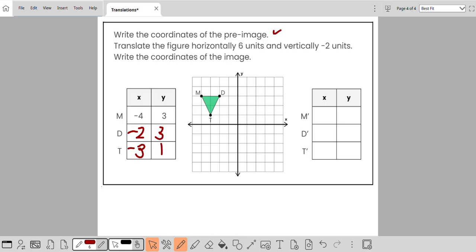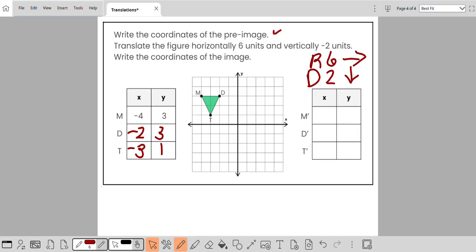Now let's read what they want us to do. It says translate the figure horizontally. So that means either left or right. But it's positive, so that means we are going right 6, and I'm going to go ahead and draw my arrow there so I make sure that I know I'm going right 6. Then I'm going to go vertically negative 2, so that means I'm going down 2, which is this.